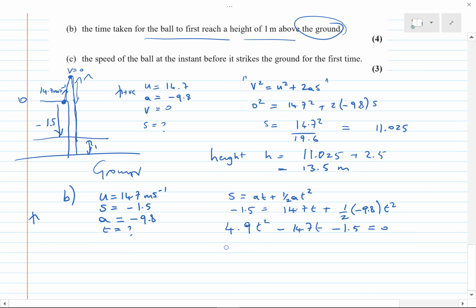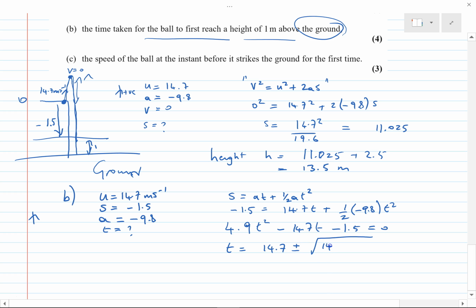Putting that into the quadratic formula, we get t is equal to 14.7, plus or minus. It will actually be the positive one we're taking, because the negative one will come out negative, so it would be the plus we're taking.